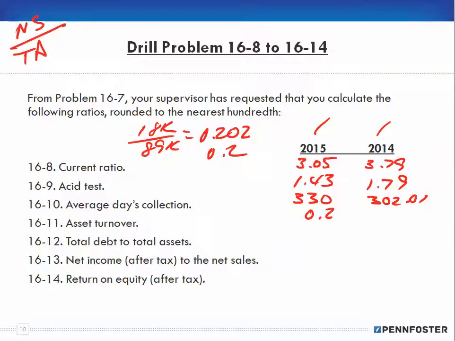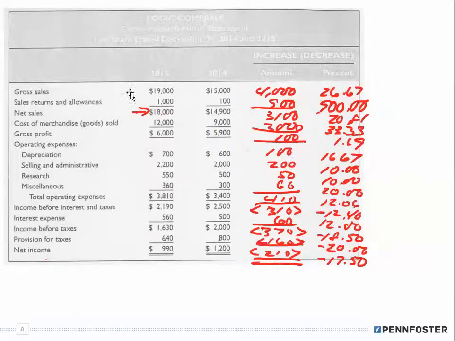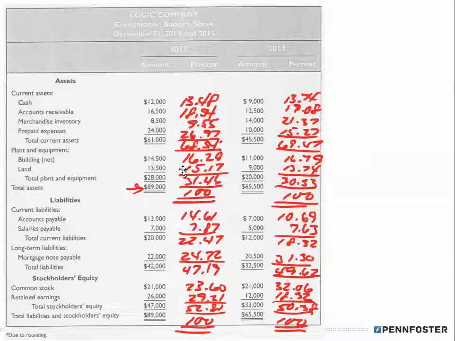For 2014, we are looking at 14.9 and 65.5.